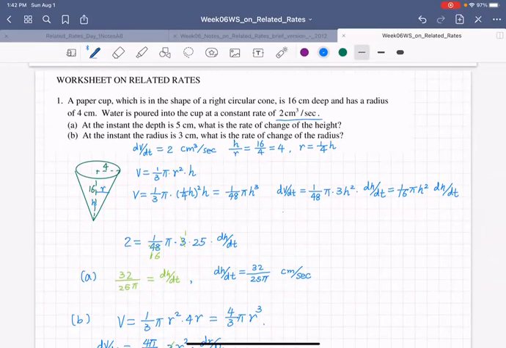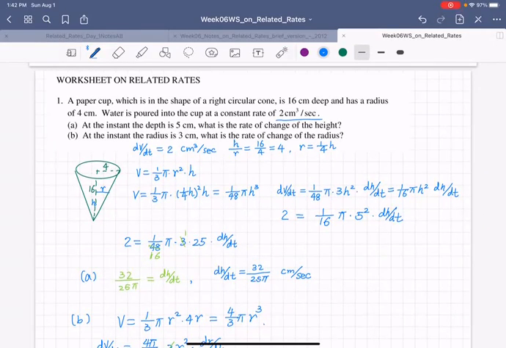So that means 2 equals to 1/16 pi. H, here is h, right? times h squared, which is 5 squared, and then dh over dt. There you go. Does that make sense?